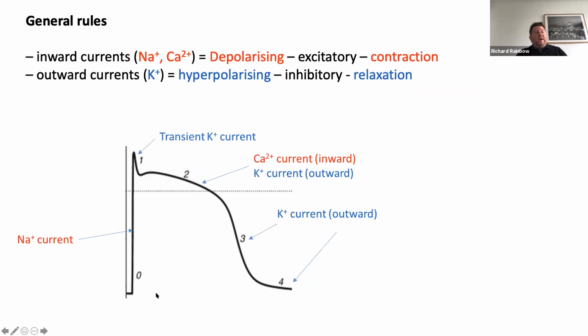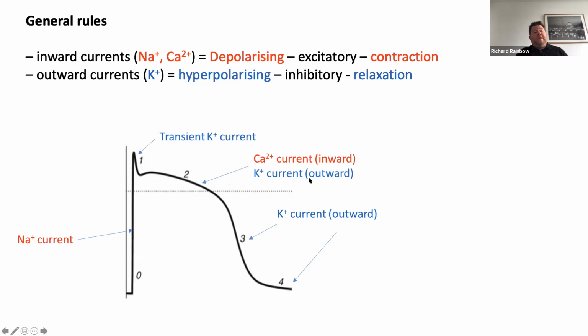So this is a cardiac ventricular muscle action potential. You have a resting membrane potential here, which is controlled by potassium currents. If sodium currents are open, that causes a big depolarizing influx of sodium, bringing positive charge into the cell, which causes depolarization. You have this plateau phase here, which is mostly where calcium current is active.